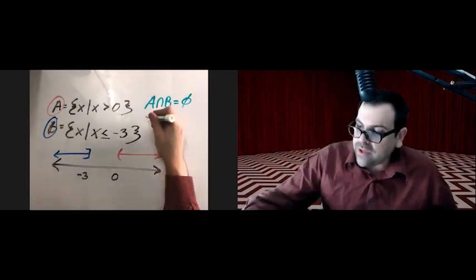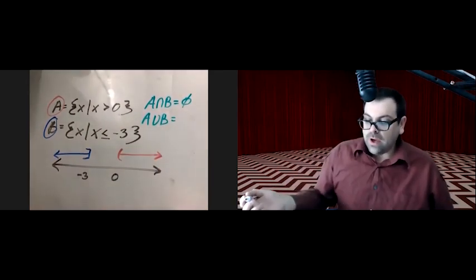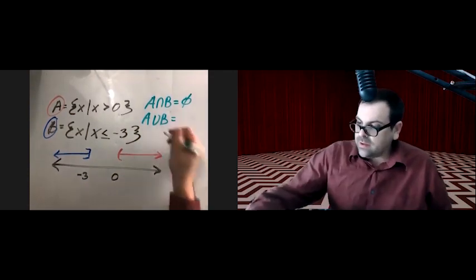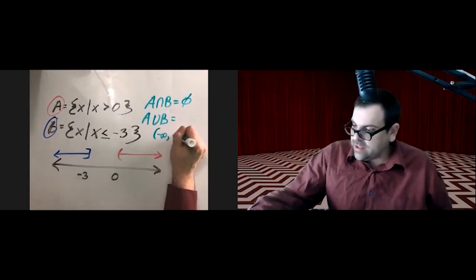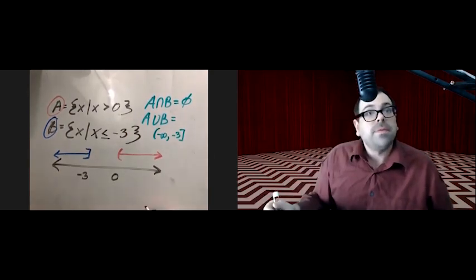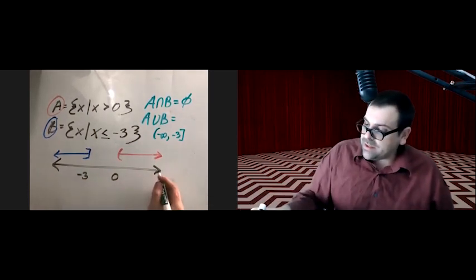What about A union B? Well, we have this piece, the -infinity to -3 piece. But we also have this piece.